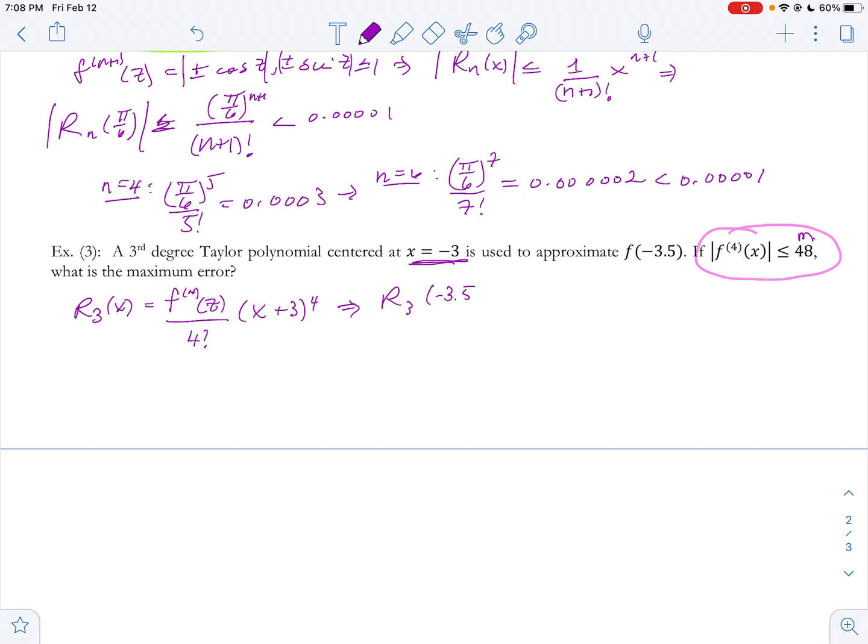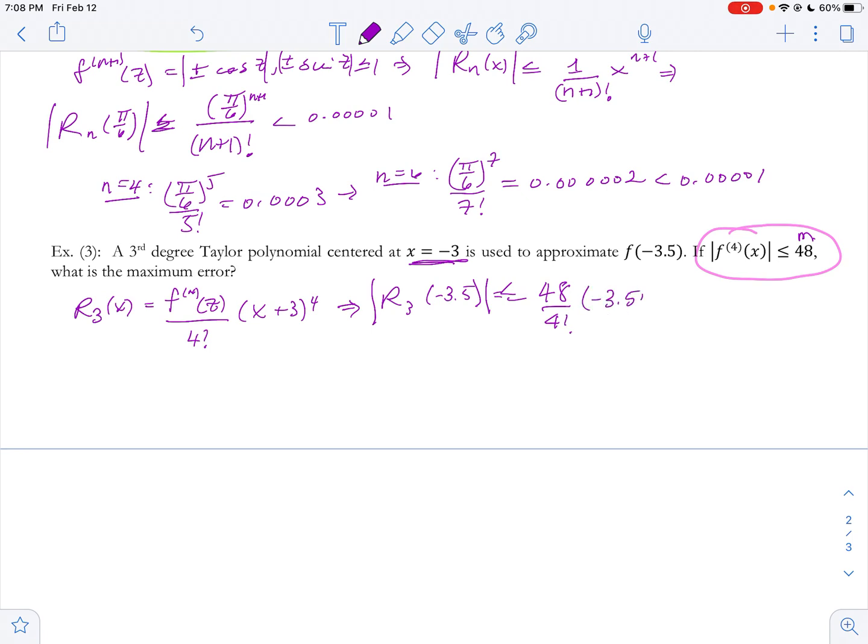Remember we said that the fourth derivative of f is less than or equal to 48. So I can say that this is less than or equal to 48 over 4 factorial times negative 3.5 plus 3 to the 4th.